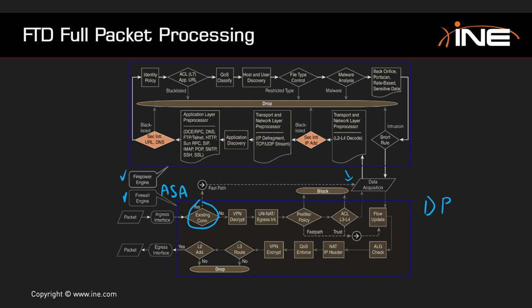Now, if the packet was not part of an existing session, we will try to do the decryption for VPNs, like if this is part of our security policy database, the packet matches the SPD, we will potentially do the de-translation. And next is that FTD specific component, which is the pre-filter policy.